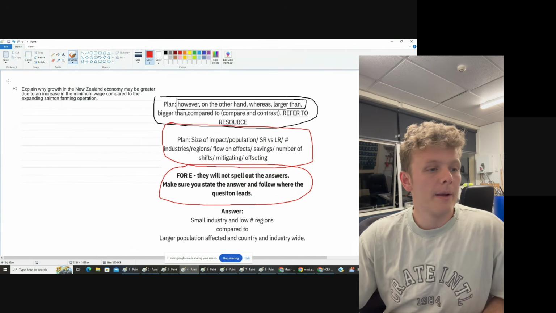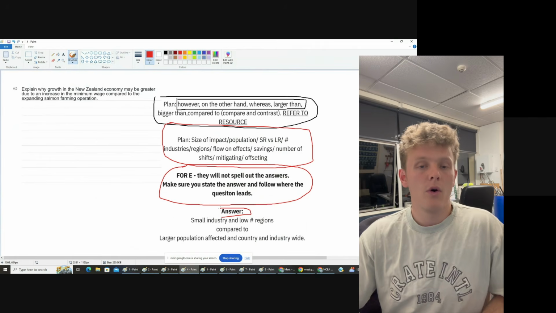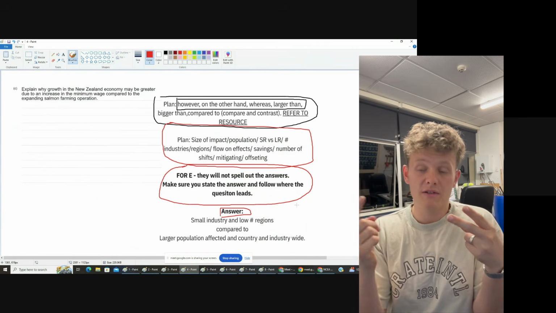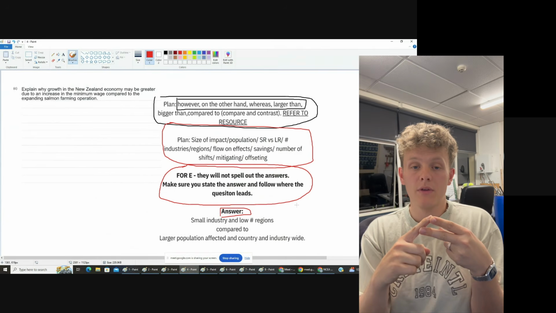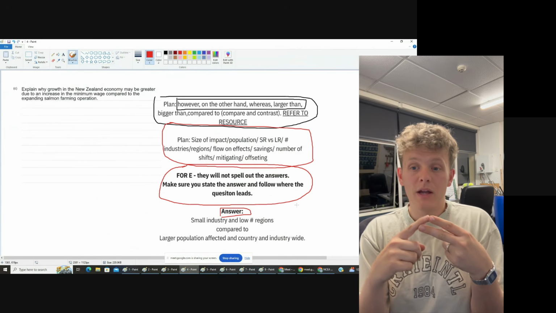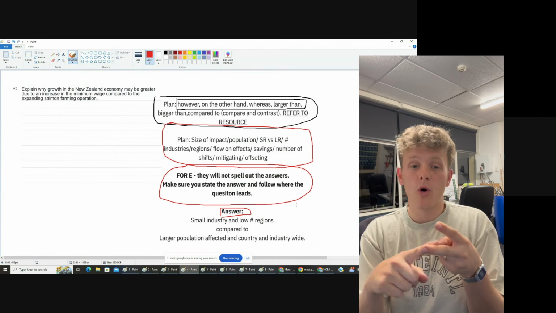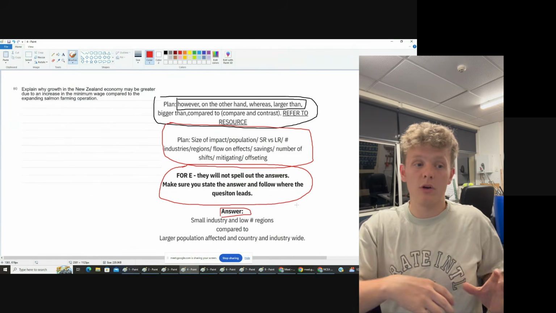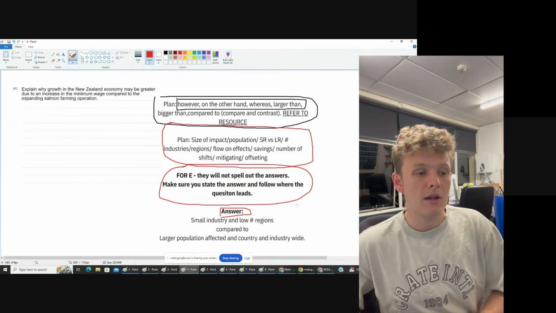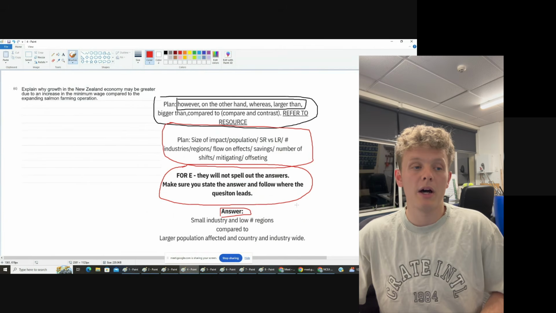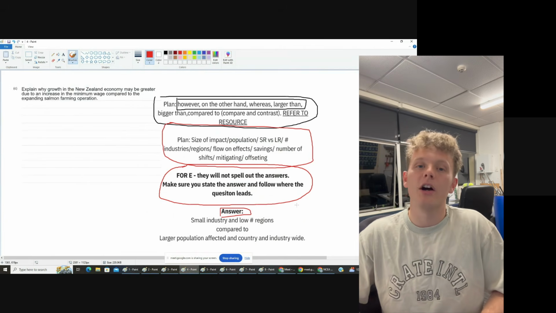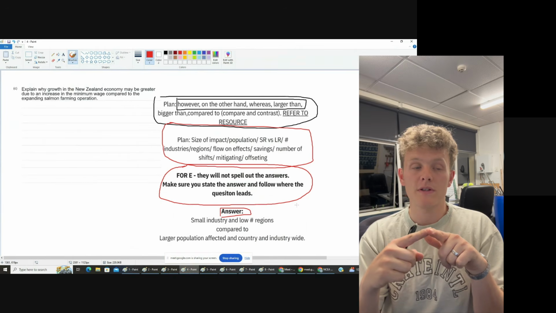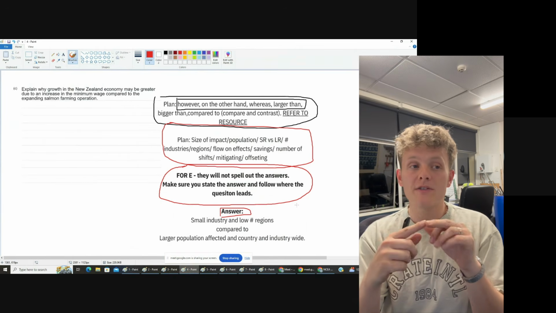So here, the answer is, on the one hand, salmon is going to have a double shift, which is nice for increasing economic growth. However, it's a small industry and a small number of regions affected in the South Island. Whereas, and then we're going to do that comparing word, whereas the increase in AD and AS caused by the minimum wage rising is much bigger. Huge percentages of the population affected, huge percentage of businesses affected, big flow-on effects all around the country.